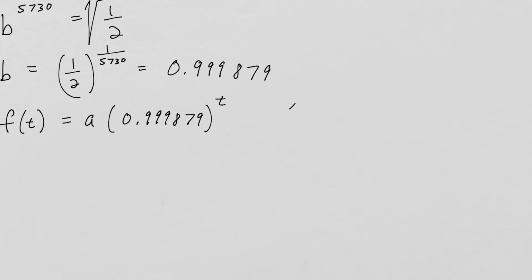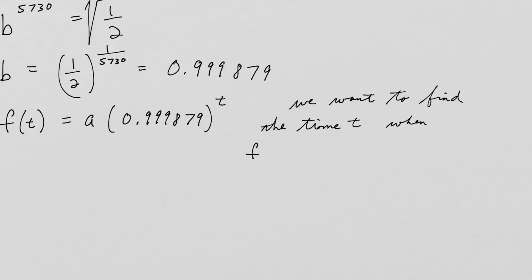We want to find the time t when f of t, the output, is equal to 60% of a. But how do we write 60% of a? We could just write that as 0.60 a.